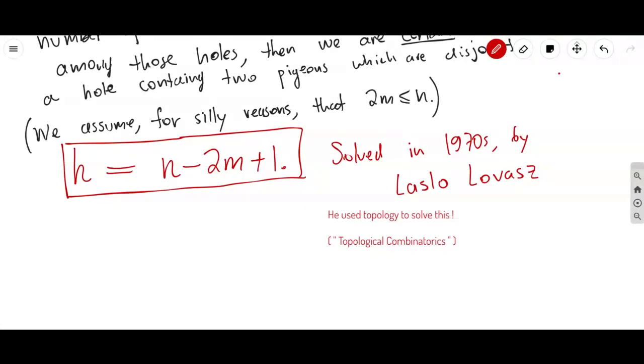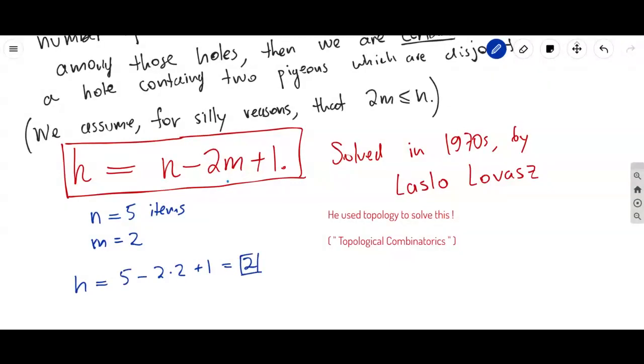Now, before we do anything, I just want to go back to the example that we just did. In the example that we did, we had 5 items, and the pigeons were of size 2. So then the optimal number would be 5 minus 2 times 2 plus 1. So that would be 2.